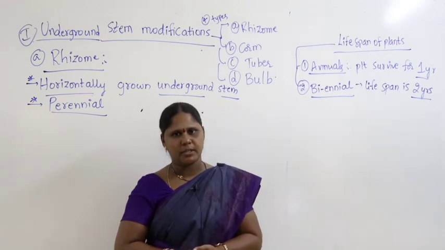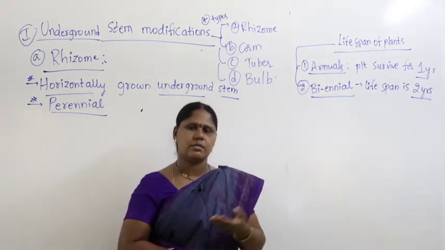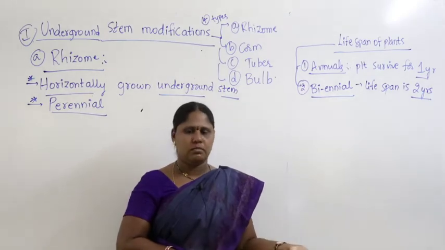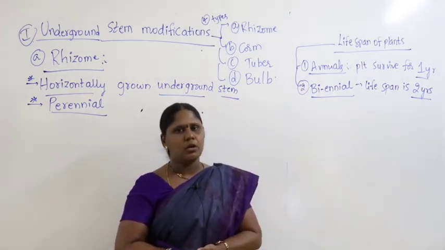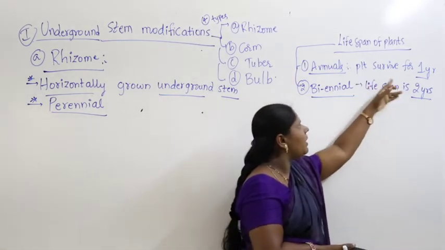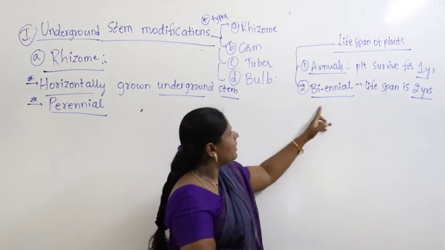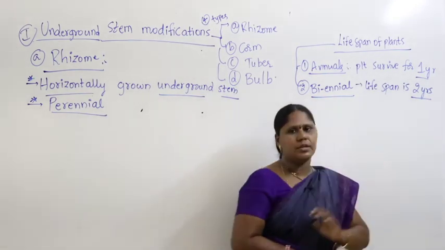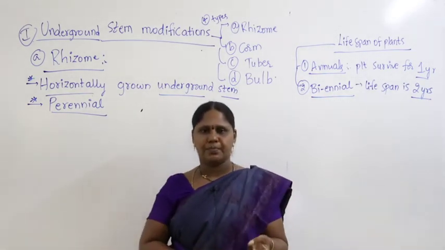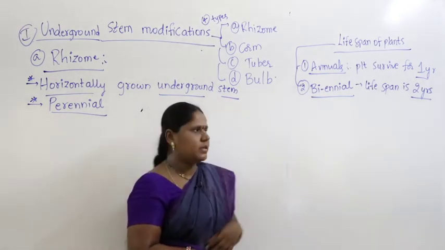Take the rice plant, for example. Within 1 year the plant completes its lifespan, so this is called an annual plant. Biennial lifespan is 2 years. Beetroot and carrot are examples where the lifespan is 2 years.